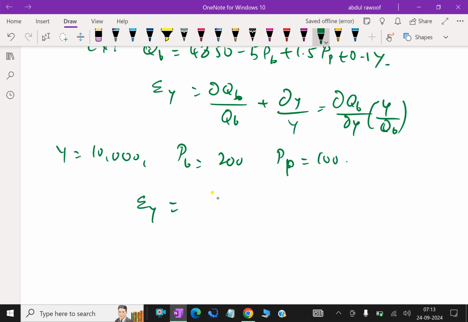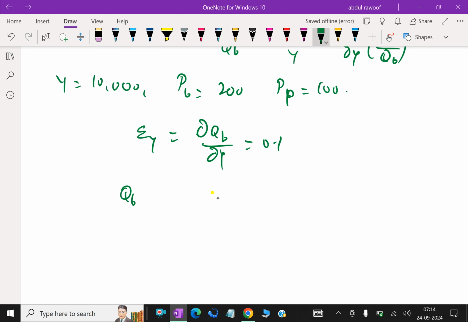Sigma Y equals, after calculating, ∂QB over ∂Y equals 0.1.